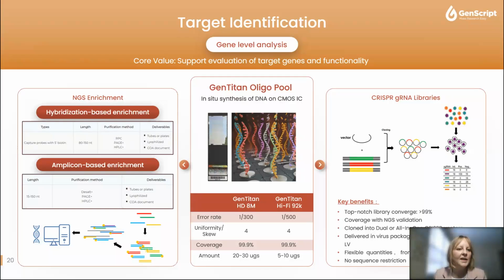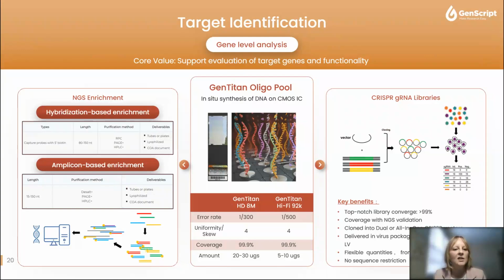So the GeneTitan 8 million oligos, next-gen sequencing, and CRISPR guide RNA libraries enable comprehensive exploration of target genes, precise gene editing in order to gain deep insights into your gene's function. The GeneTitan 8 million oligos provide a pool of diverse sequences that can be used to identify your target and validate it.